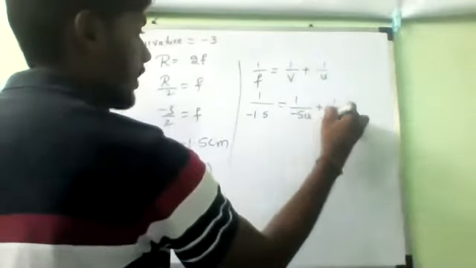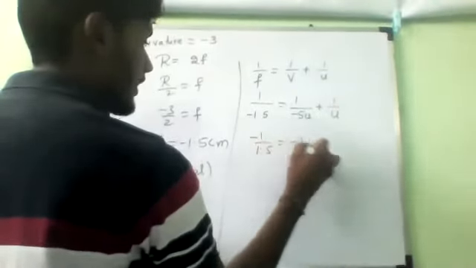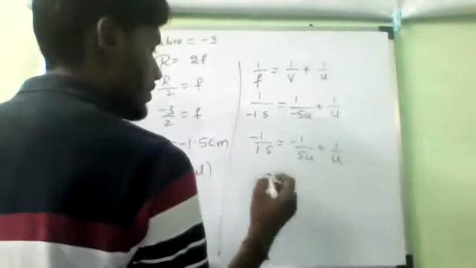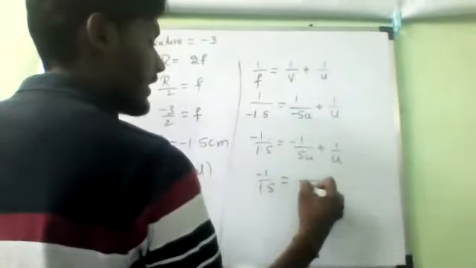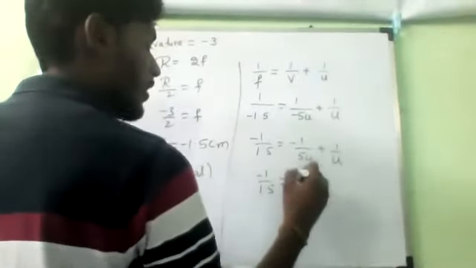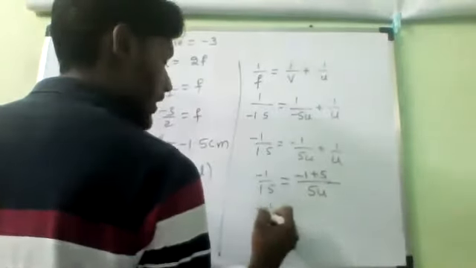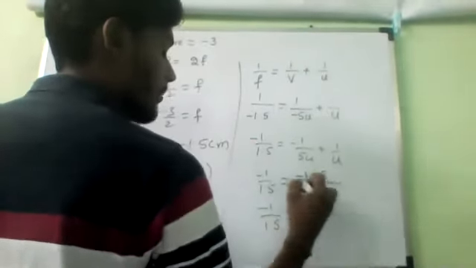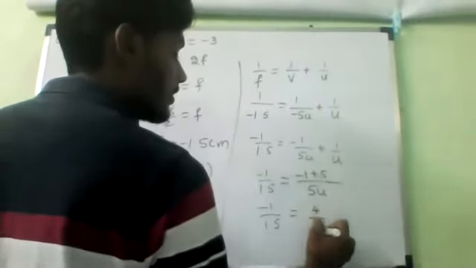So minus 1 by 1.5 is equal to minus 1 by 5U plus 1 by U. What is the LCM of U and 5U? 5U is the LCM. So minus 1 by 1.5 is equal to minus 1 plus 5 by 5U. How much?